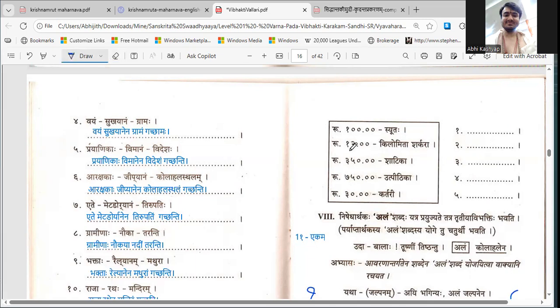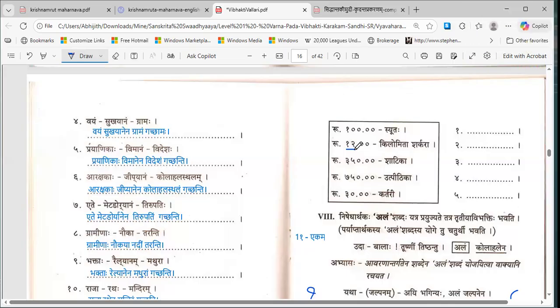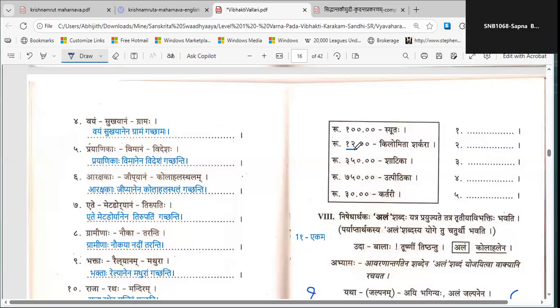So this is going to be, can somebody try to tell me what this number is? It is 12. 12 in Sanskrit is going to be द्वादश, Dvadasha.